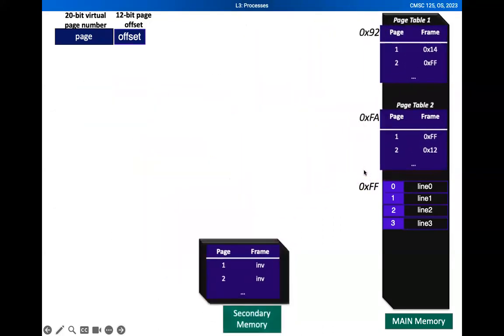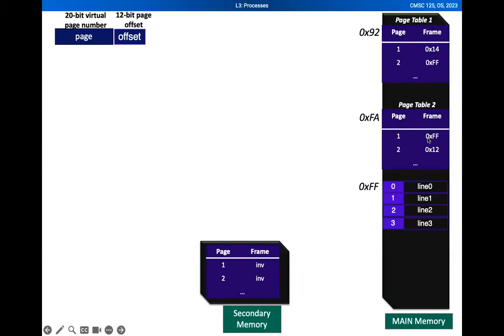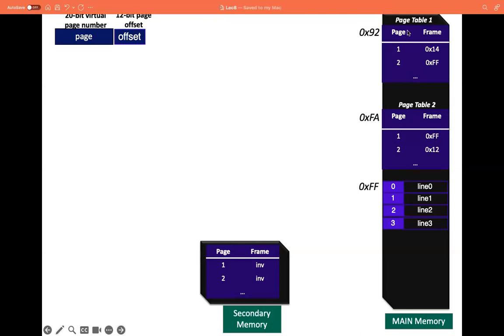Now, the idea of multi-level paging is that we break the big page table into smaller page tables, wherein these page tables will be residing in the main memory. Only those page tables that are required by our execution will be residing in the main memory. Those that we don't need will be in the secondary memory.